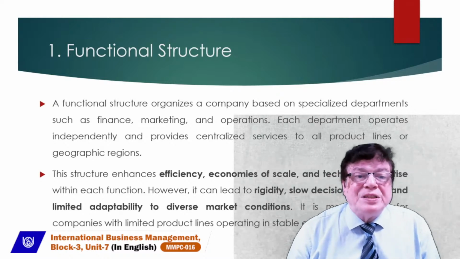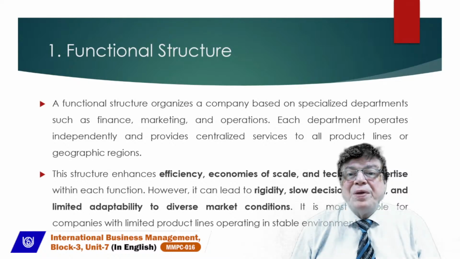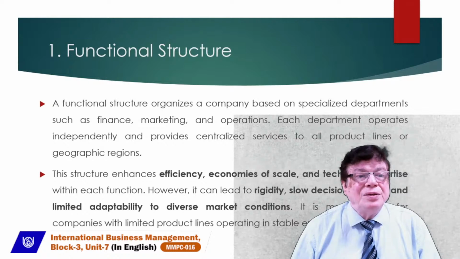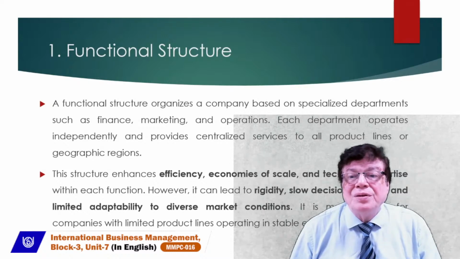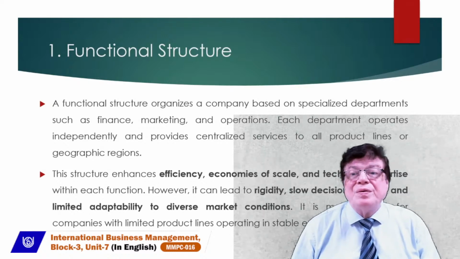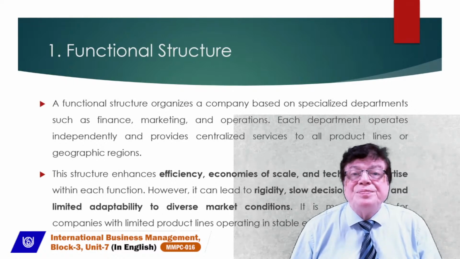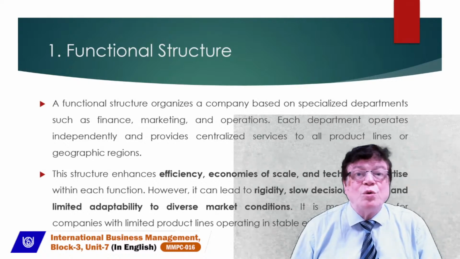So, a functional structure organizes a company based on specialized departments such as finance, marketing, and operations. Each department operates independently and provides centralized services to all product lines or geographic regions.